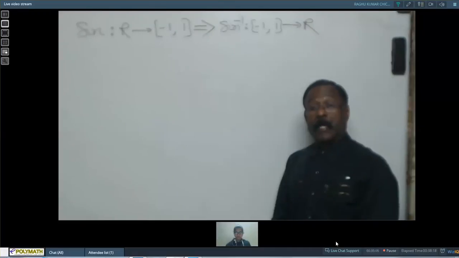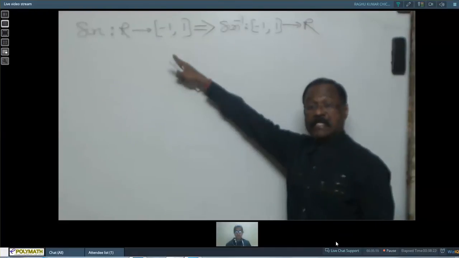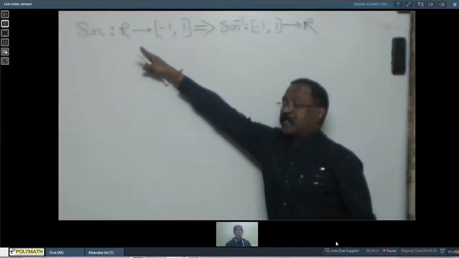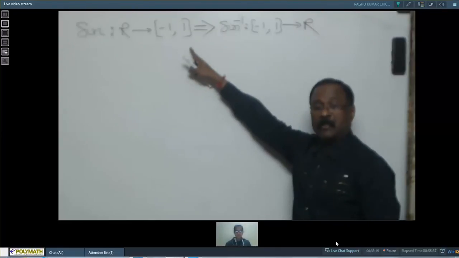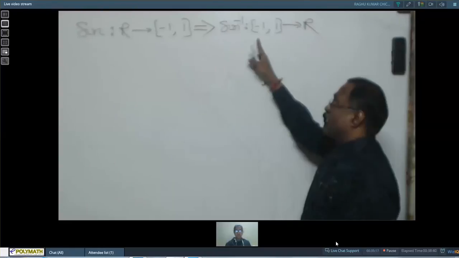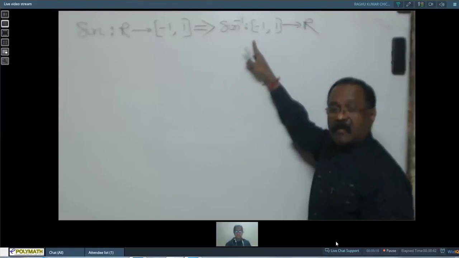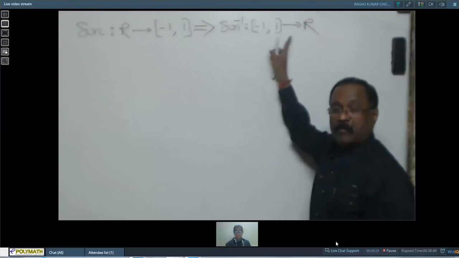I repeat. If the sine function has an inverse directly, then sine maps its domain, the real numbers, to its range, closed -1 comma 1 closed, so it must be presented like this: sine inverse of -1 to 1 to R.